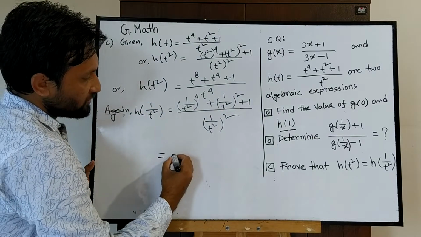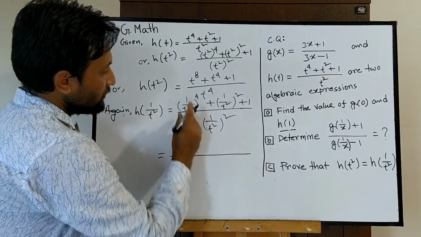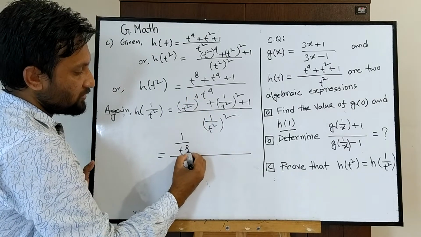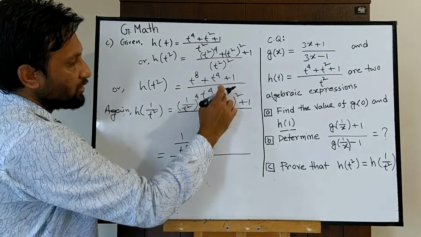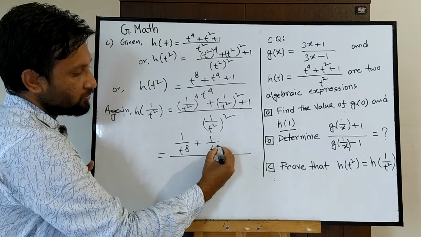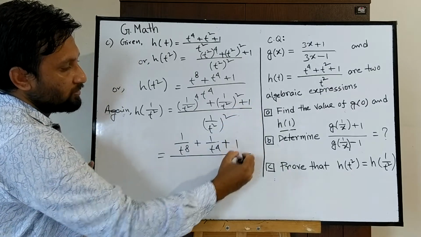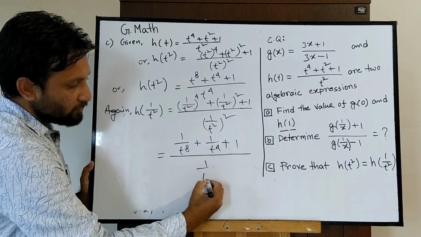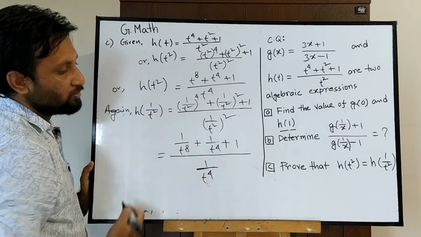Now by simple calculation, 1 by t square to the power 4, that means 1 by t to the power 8, then plus 1 by t square whole square, so 1 by t to the power 4 and plus 1. In the denominator, 1 by t square whole square, that means we can write 1 by t to the power 4.